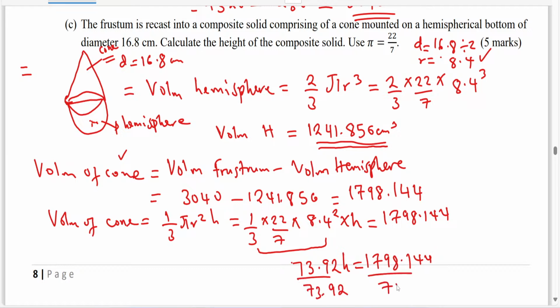Divide by 73.92 and our height is given by, so 1798.144 divided by our answer should give us 24.33 centimeters.